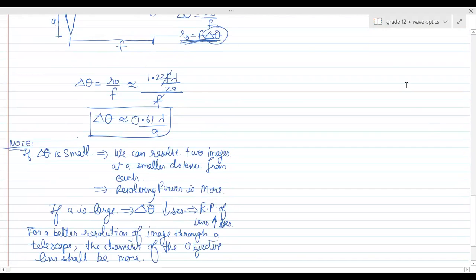Please remember this 1.22 F lambda by A is not there in your derivations, not even in JEE. It comes in MSc or BSc second year or third year. Because when I was preparing for teaching people, I asked one of my friends who did BSc in physics where this formula comes from. He said there is a derivation for this in second or third year.